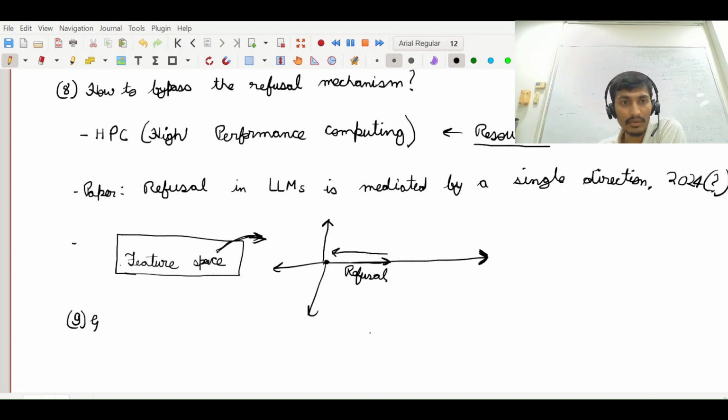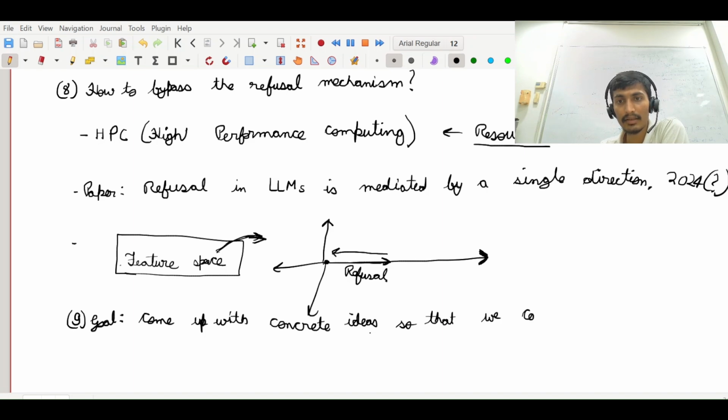So our goal is to come up with concrete ideas so that we can bypass the refusal mechanism in LLMs.